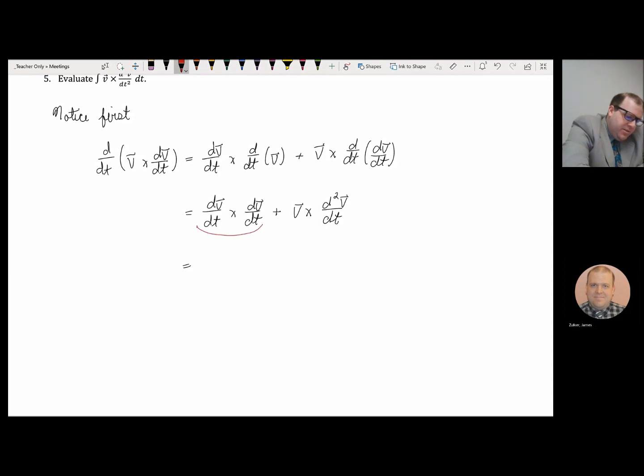This term right here, what is that? It's the zero vector, isn't it? Cross any vector with itself, and it's always zero.